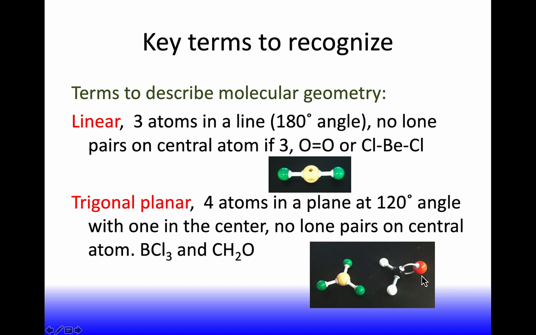If you want to talk about electron geometry, the electron geometry is also trigonal planar. You're going to see that the molecular geometry and the electron geometry match whenever there are no lone pairs in the center atom. So we're looking at the center atom here, here, and here, when we're describing the molecular and electron geometries.